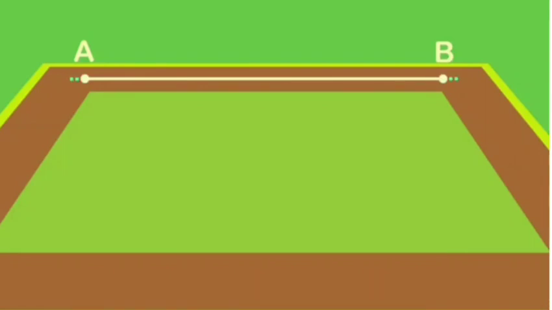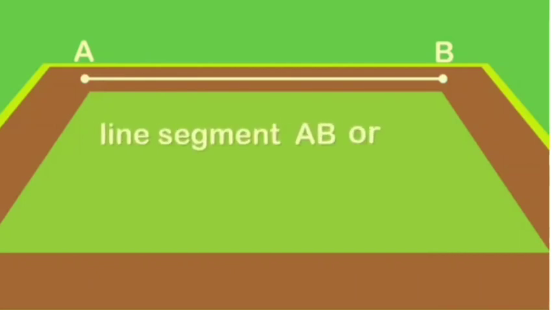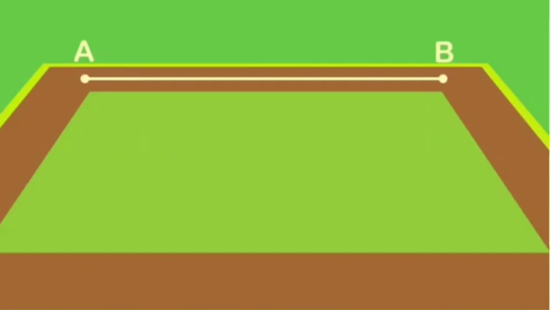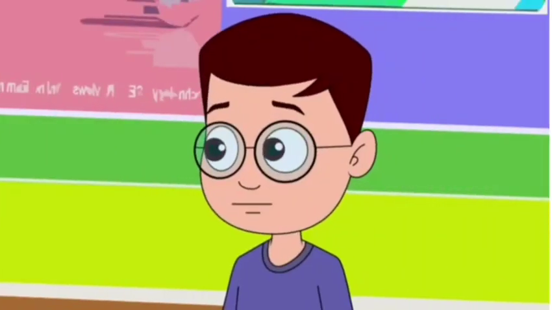We can even say that a line segment is a part of a line which has a fixed length. The given line segment can be read as line segment AB or BA. It can be written as segment AB or BA. Is it clear, children? What is a line and a line segment?